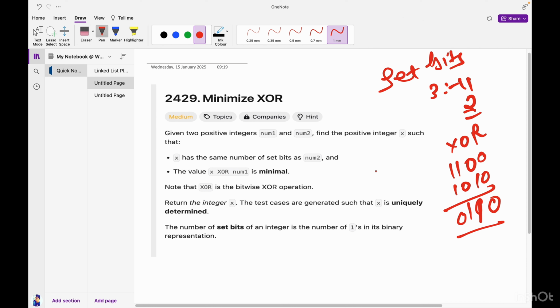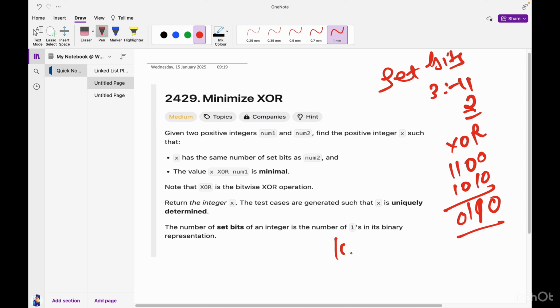So if we have to find any minimal number from XOR, we have to just unset the set bits of that number.